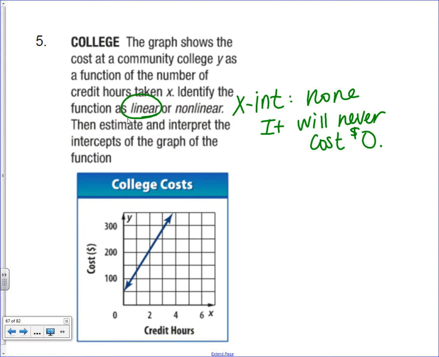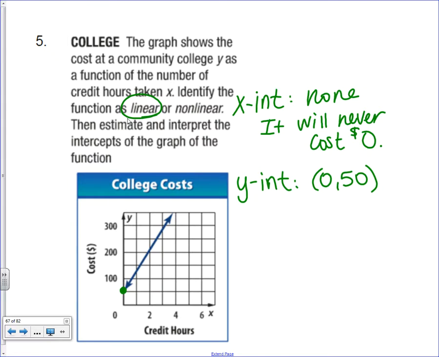All right, how about the y-intercept? Where does this graph cross the y-axis? $50. What is that ordered pair? 0, 50. So what does this mean? Interpret it. We actually just said it. Say it again.